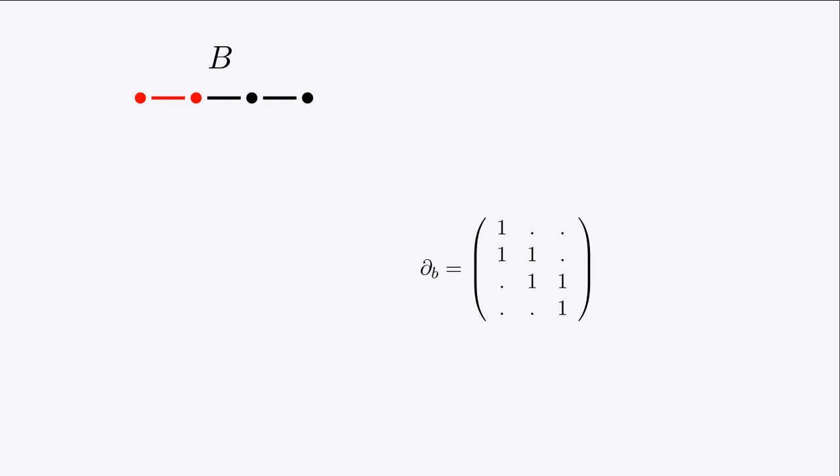So it's weird because no matter what you do with the bits, you're going to frustrate some of these check operators. So this code is kind of degenerate. It has no kernel, no code space, but there's a kind of a dual code space or co-kernel.